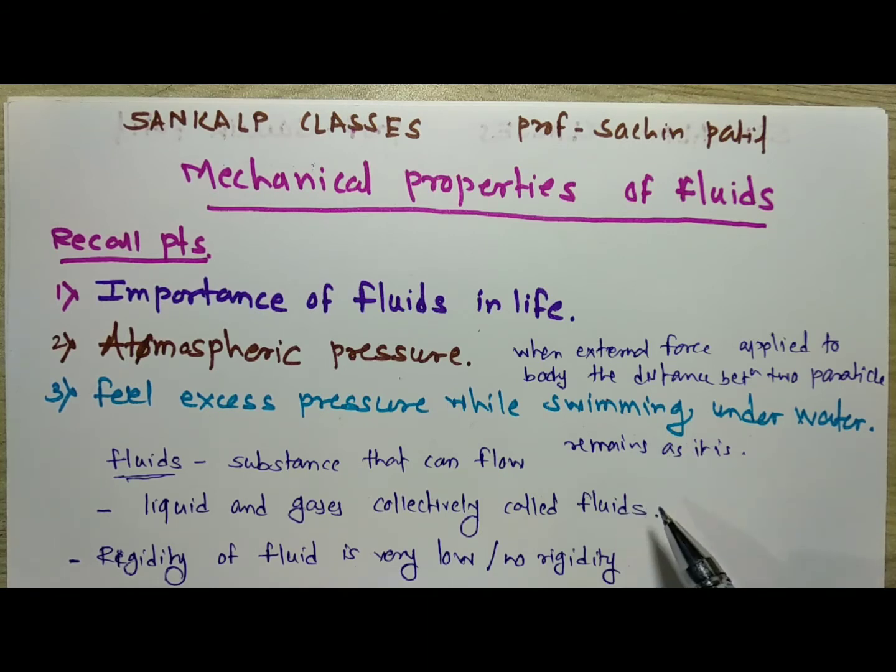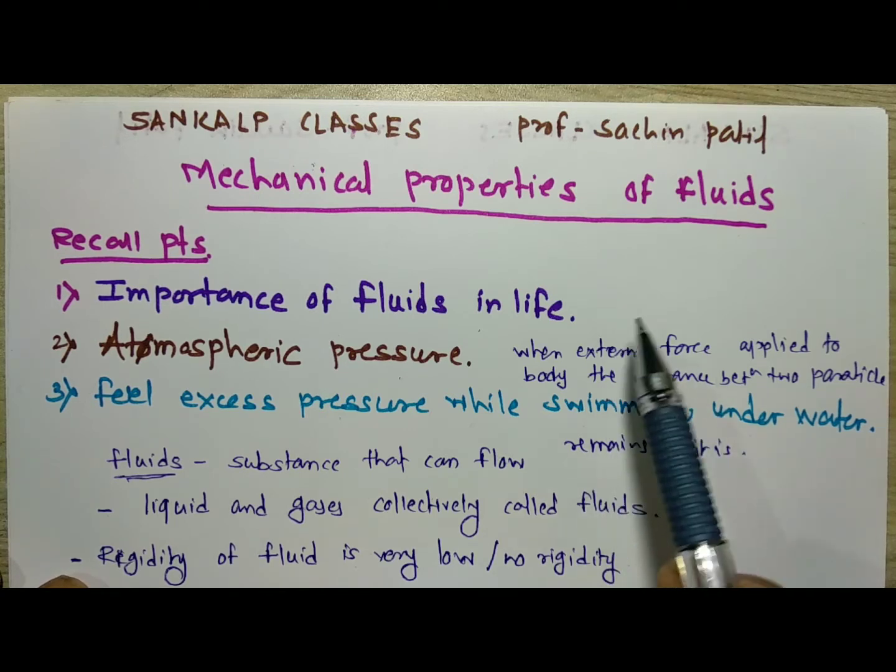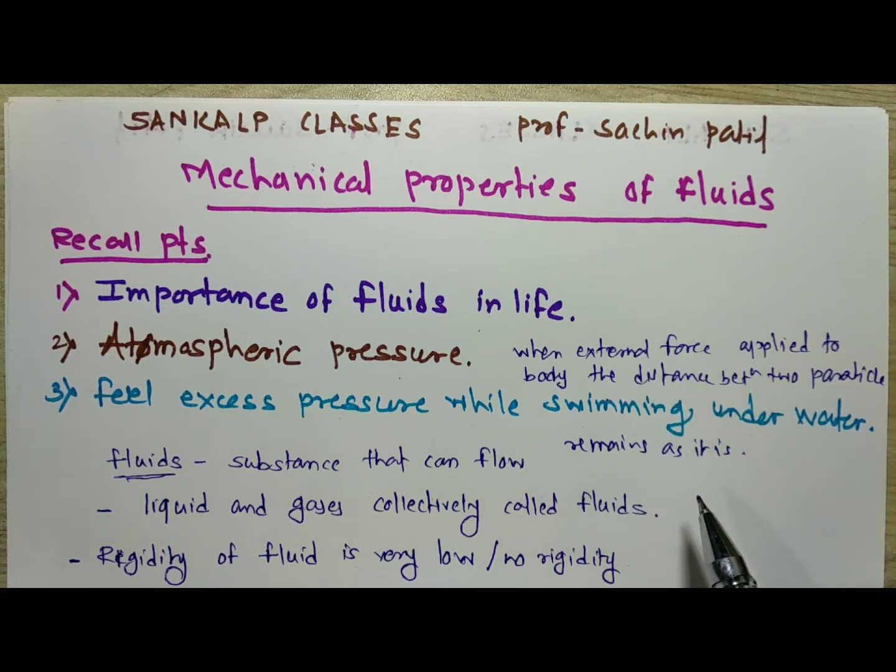And we know that fluids flow, and therefore they acquire whatever shape we provide, the container shape is acquired by the fluid, and therefore fluid does not have rigidity, it is non-rigid or has very low rigidity.